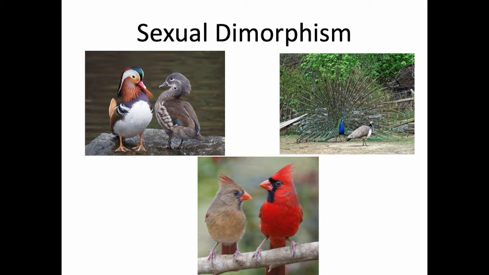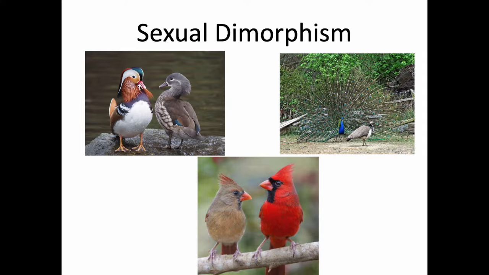So you've got female mandarin ducks choosing which males to mate with. They are going to choose the brightest, flashiest mandarin ducks because it's an indication of how healthy they are. They don't have parasites and they're not diseased. They're going to have bright, vibrant colors.